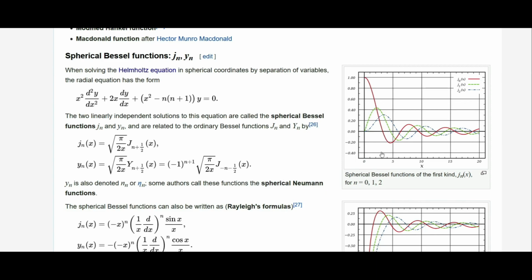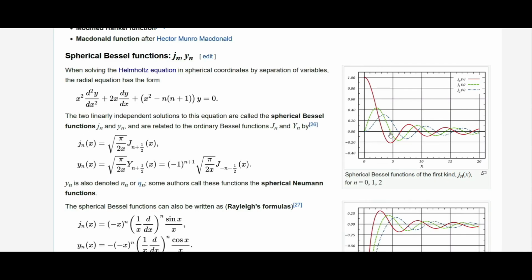And so the value of the wave function as a function of the distance from the center of the sphere looks like these functions here. And so you can see that these have zeros. They cross zero at different places.